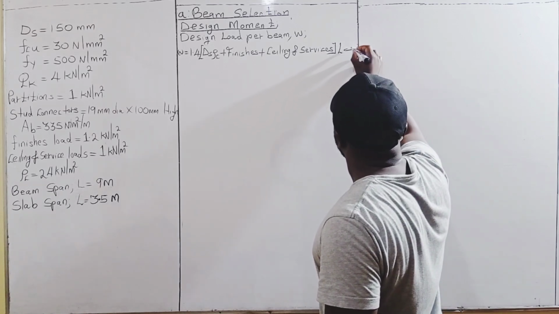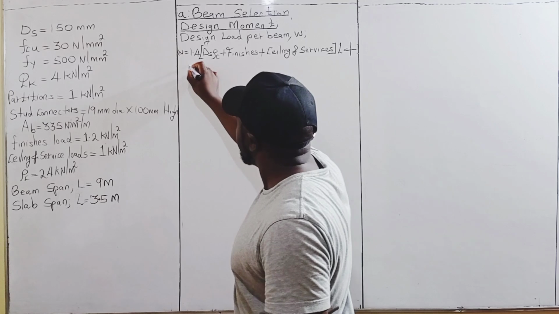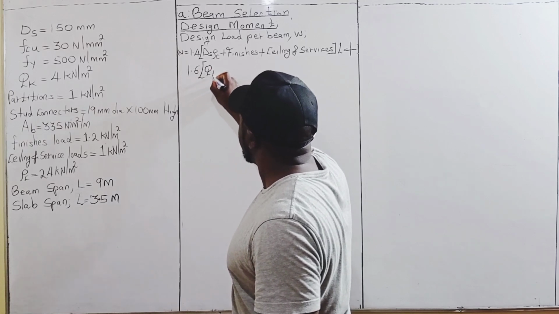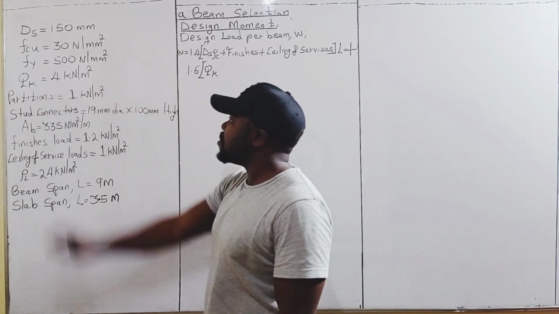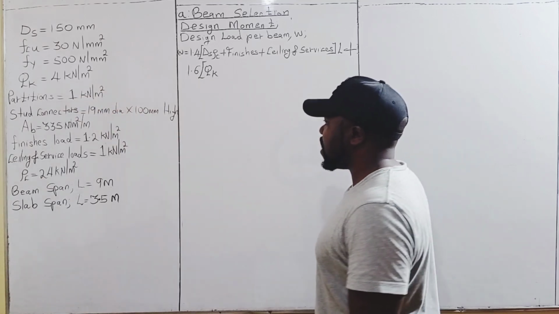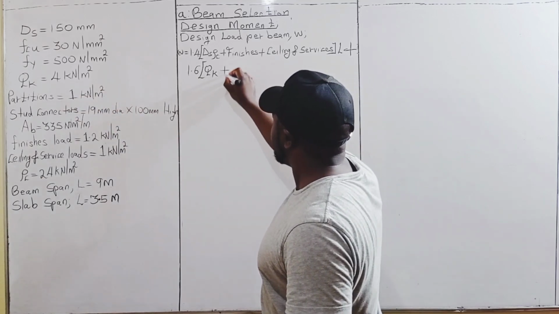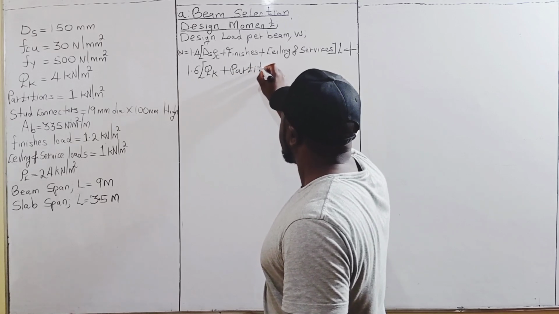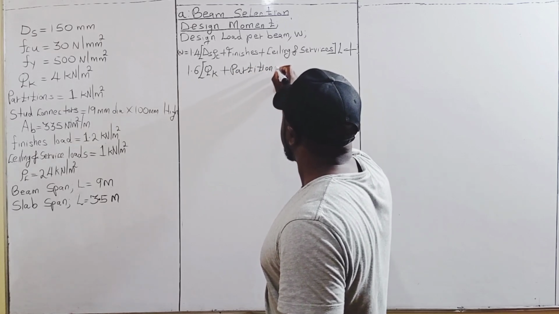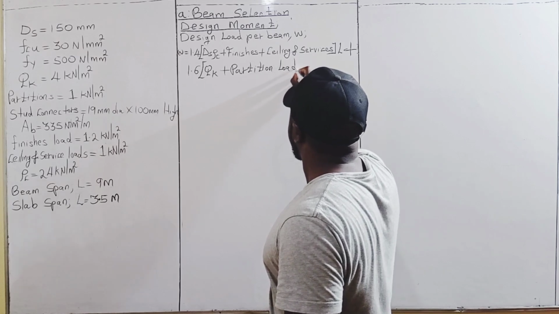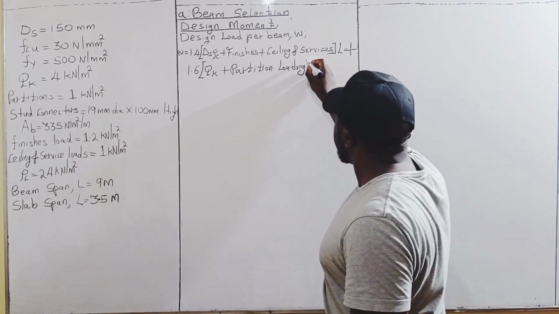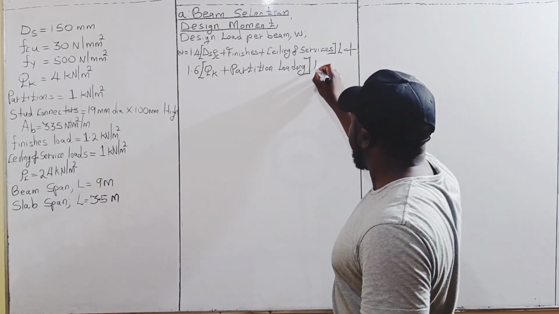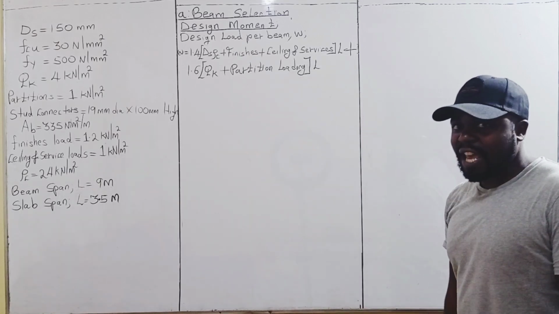This one we are going to add to 1.6 into the imposed load that we have been given, that is QK, 4 kilonewtons per square meter. We add partition loading, and then we multiply by slab span, that is L of 3.5 meters.